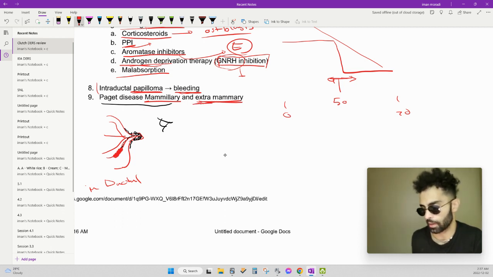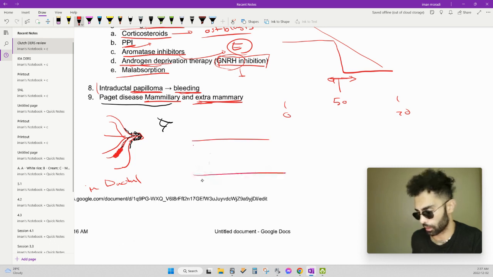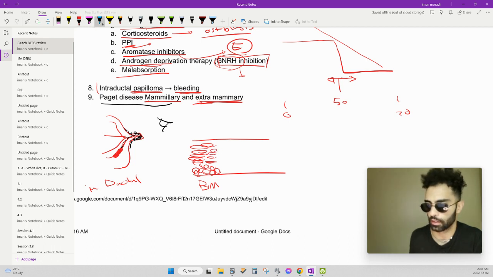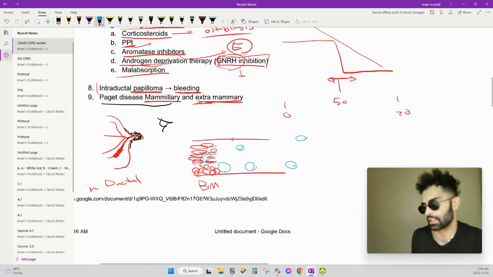Basically the same idea happens if you have your basement membrane here, and you have a bunch of normal looking cells that, as they rise, become more and more squamous, right? So the cells are circular at the bottom, and they become more and more squamous as is normal. You have these different looking cells that are interspersed around here, and that's basically extramammary Paget disease.